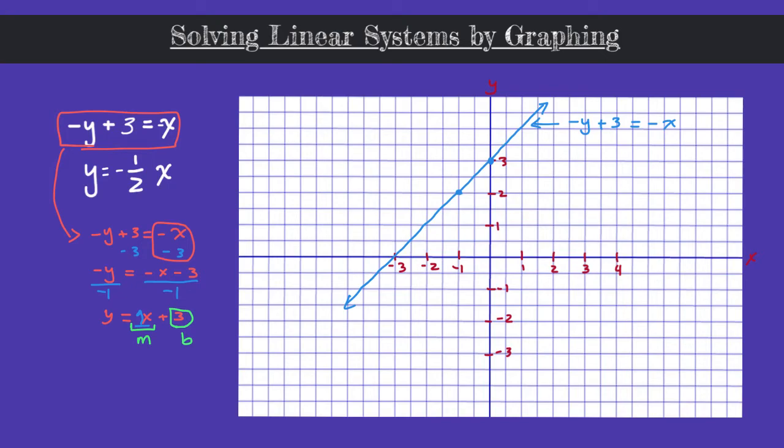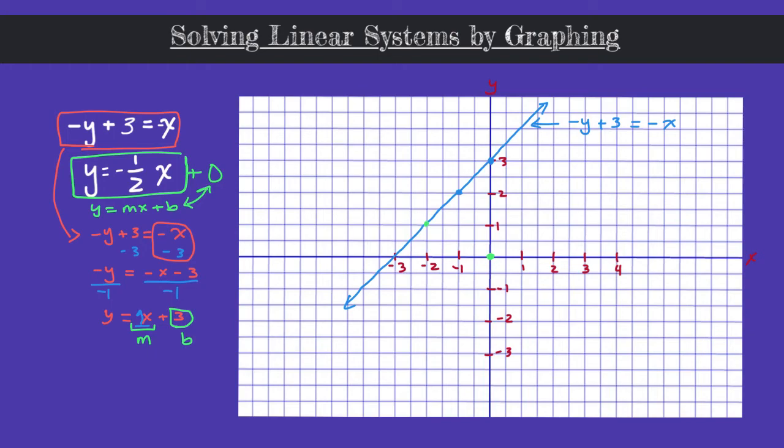Now let's graph the second equation. Notice the second equation is already in slope-intercept form. y equals mx plus b, where in this case your b is 0. So the graph will cross at 0, and the slope is negative 1/2. So I can go up 1 and over to the left twice.